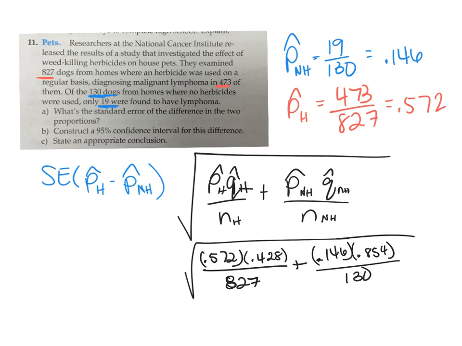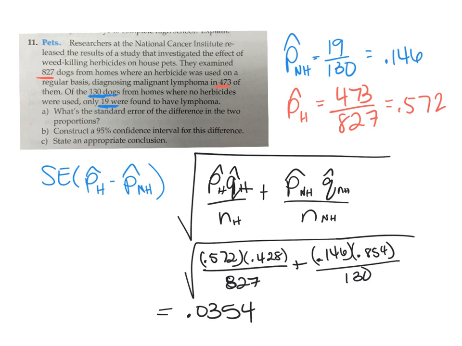That's our standard error calculation. We use the actual proportions. And then when we put it on the calculator, I don't have to put all the parentheses in the calculator. It does the order of operations for us, so it makes it a little bit easier to plug in. So our standard error is 0.0354.